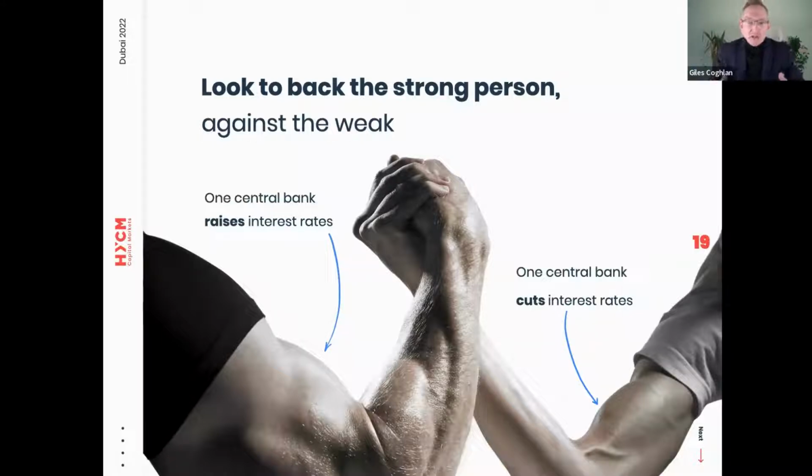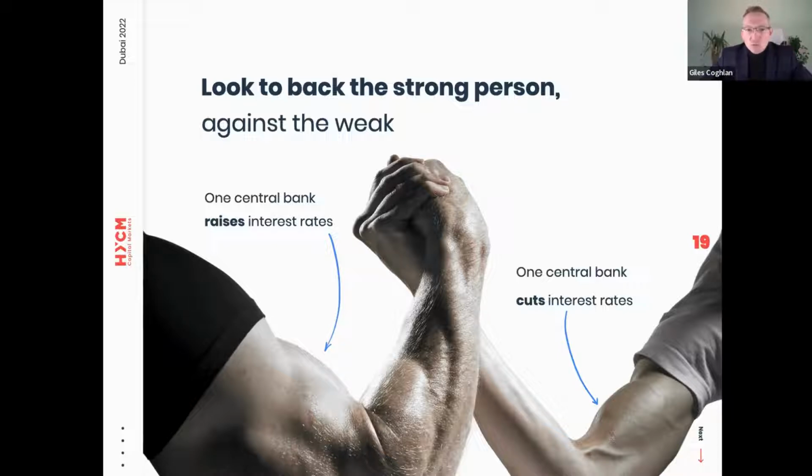So here you see, really what we're trying to do when we're trading FX is back a strong currency against a weak one. So we want to find a central bank that's increasing interest rates against a central bank that's maybe decreasing interest rates. So let me give you the best example. Let's say there were two central banks meeting on the same day.